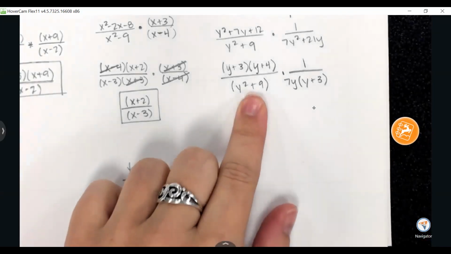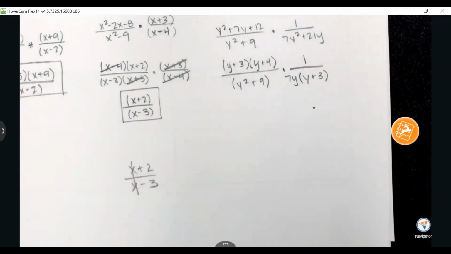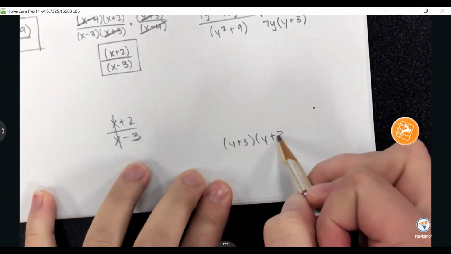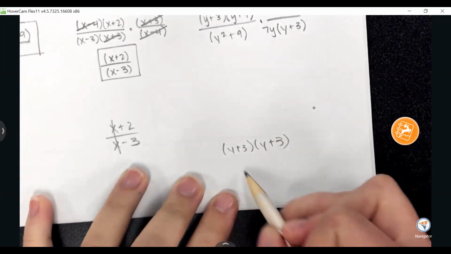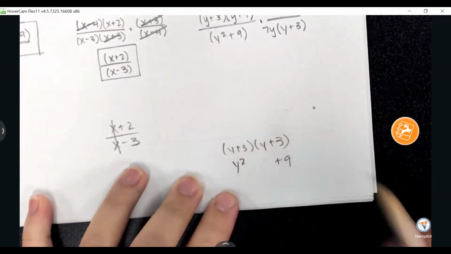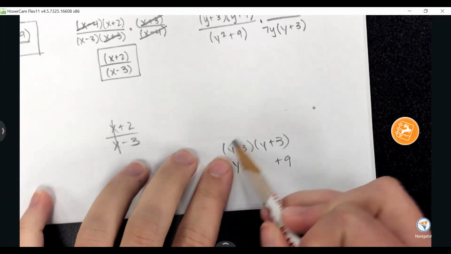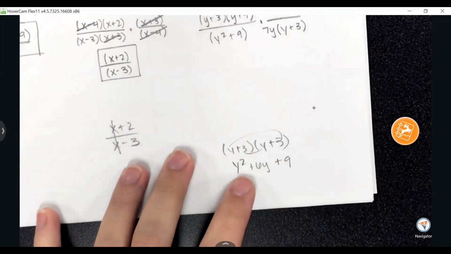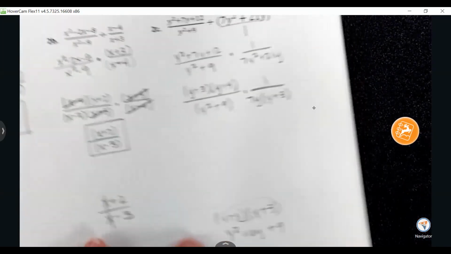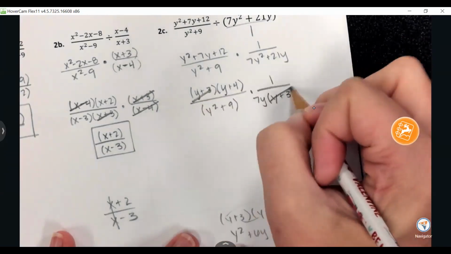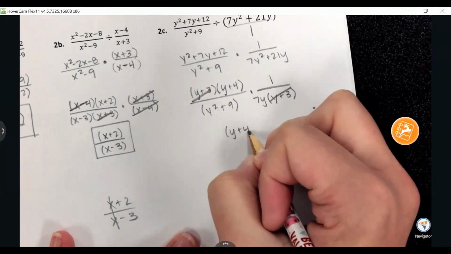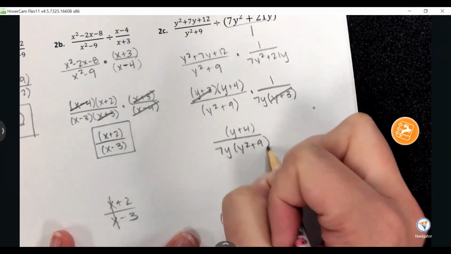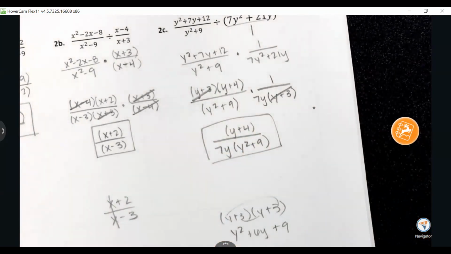No, right here, because if you did y plus 3 and y plus 3, that would actually give me y squared, and you would have a plus 9, but then you have 3y and 3y, which would be a plus 6y, and that's not what we started with, right? Okay. So when I cancel things out, I end up with y plus 4 over 7y, y squared plus 9.